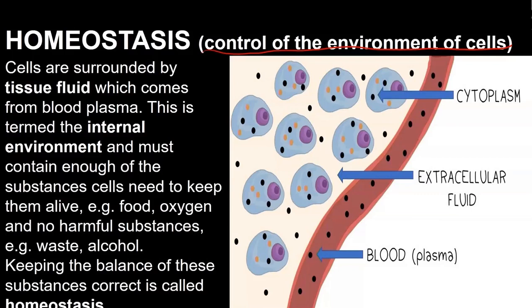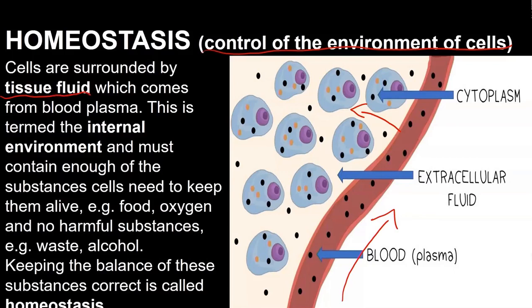Okay, if we look at this little picture, here's a blood vessel bringing blood, and some of the blood plasma moves out of the blood vessels and surrounds the cell, and we call that tissue fluid, which you might have heard of in grade 10 when you learned the lymphatic system.